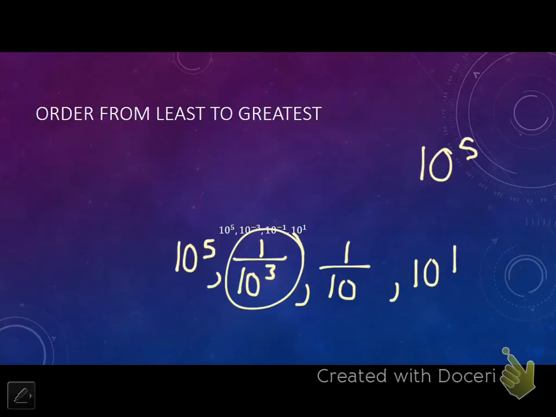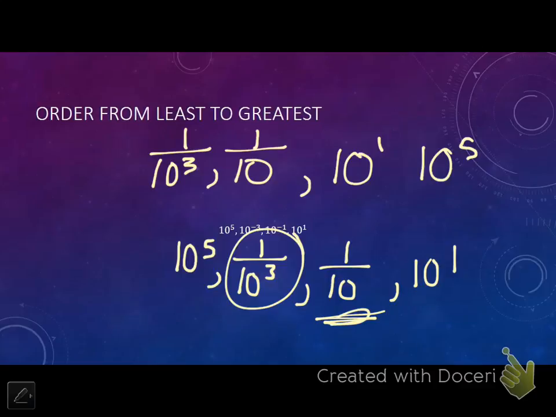Okay, this is going to be the smallest decimal because 10 cubed is going to be like 1,000, so 1 over 1,000 is a smaller decimal than 1 over 10, which is 0.10. So we know it's going to be 1 over 10 cubed. Then the next decimal would be 1/10. So then the only one we have left is 10 to the 1. And you can double check that by plugging it into your calculator if you wanted to.